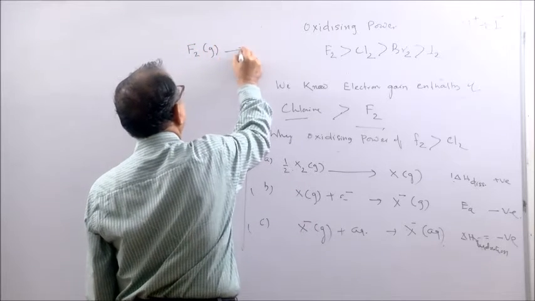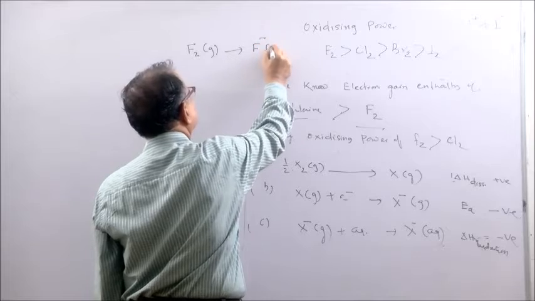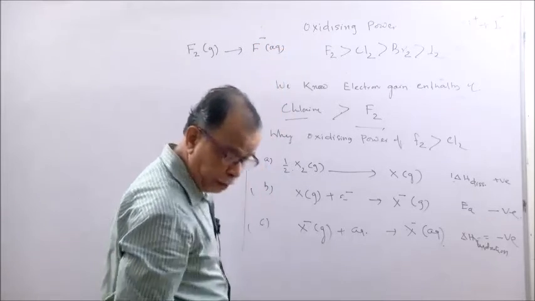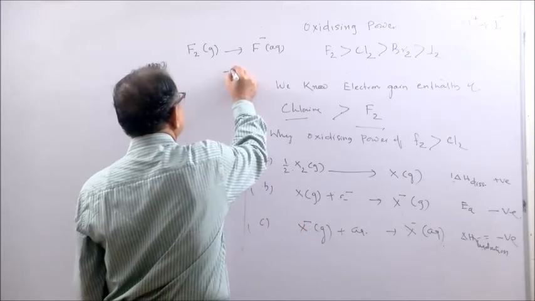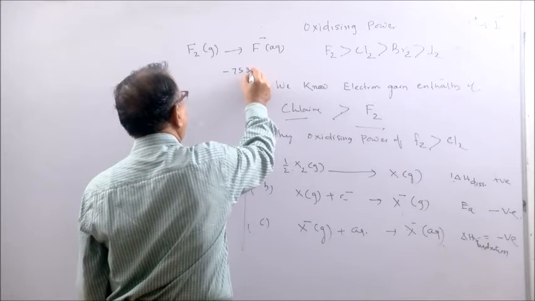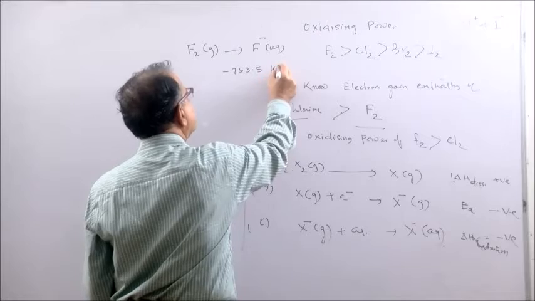For F2 gas forming F minus aqueous, the energy value was calculated as minus 753.5 kJ.